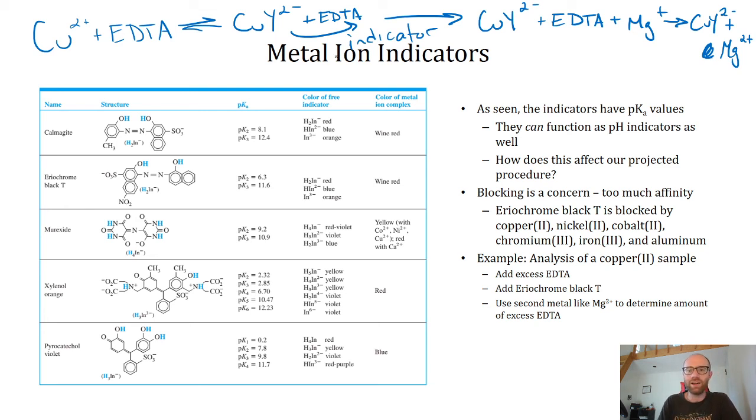And then the idea here is you would use your magnesium amount to figure out your excess EDTA, and then you'd have to go back to this original amount and subtract. We're going to take a look at an example of where that math, that stoichiometry starts to get involved.